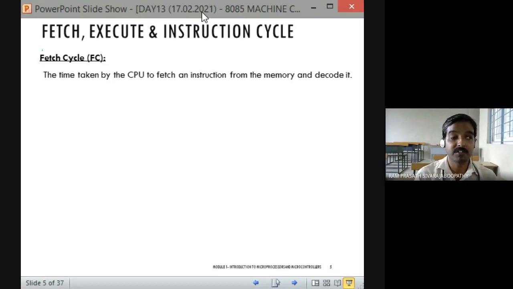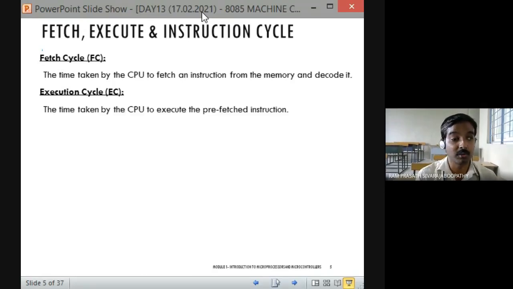Then the execution cycle: the time taken by the microprocessor to perform the operation for the instruction. For example, ADD B: the time taken by the processor to fetch the instruction and decode it is the fetch cycle, and the time taken to perform the addition operation is the execution cycle.